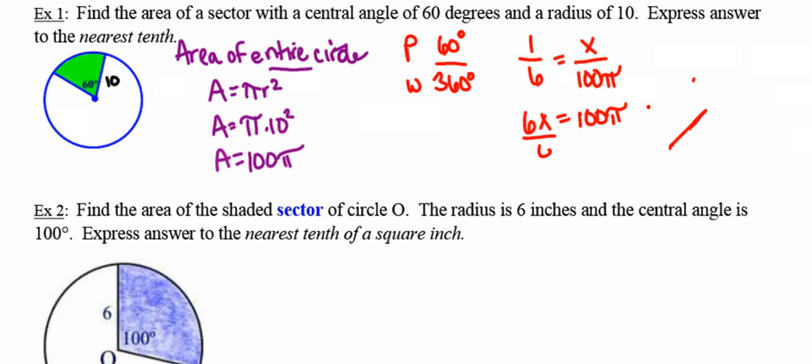To undo multiplying by 6, I'm going to divide by 6. Since I'm asked to express my area to the nearest tenth, I'll use approximately equal signs, and into my calculator I type 100 pi divided by 6. To the nearest tenth, that area rounds to 52.4 square units.